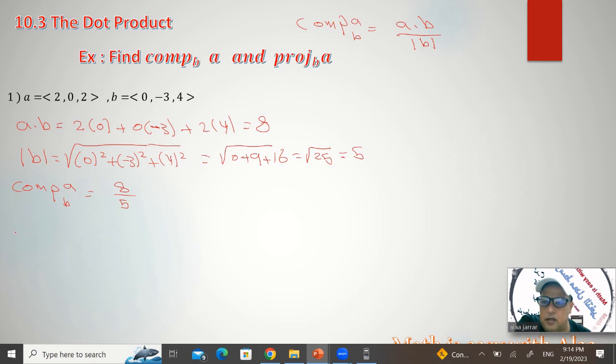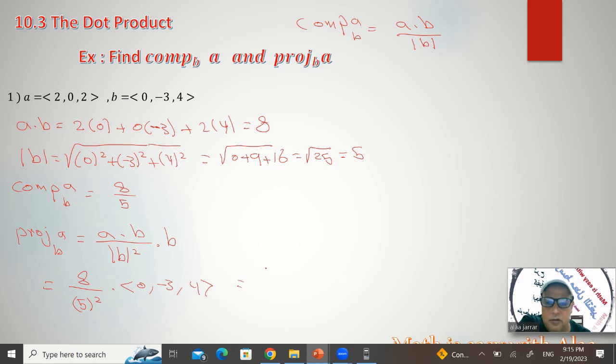Now, the projection of A onto B equals A dot B over the magnitude of B squared times B. We know that A dot B is 8, and the magnitude of B is 5 squared, times 0, negative 3, and 4.